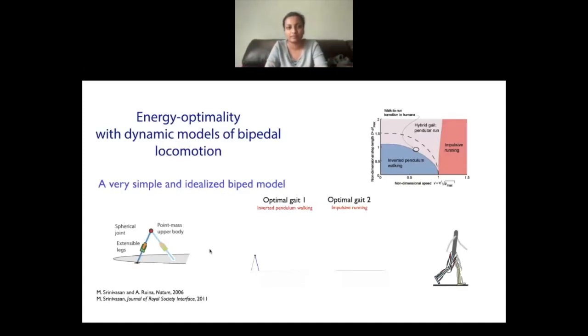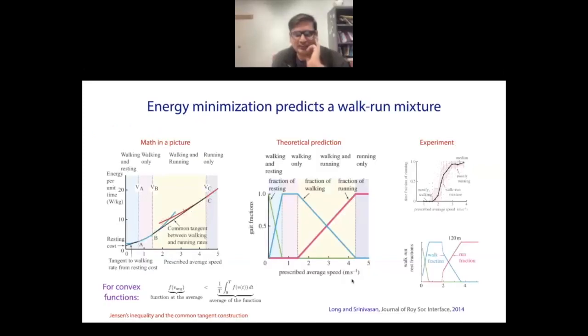Good question. Most things that I've described so far, until this slide, ignore things like muscles and so on. Of course, these cost functions are empirically based, and of course include whatever muscles are doing implicitly.